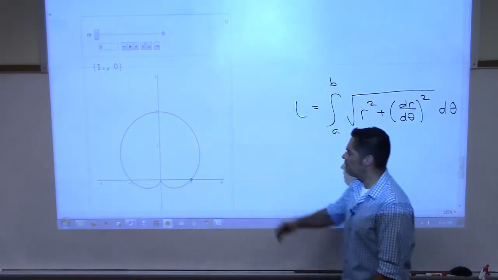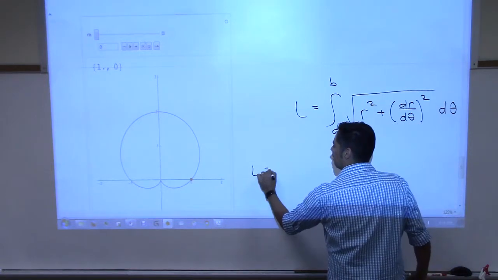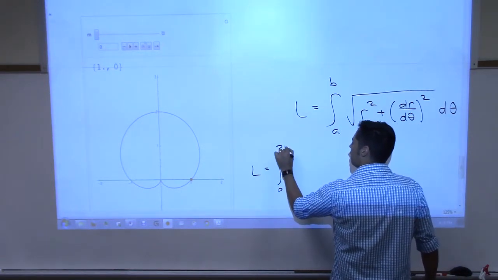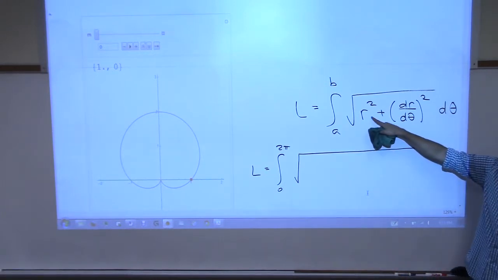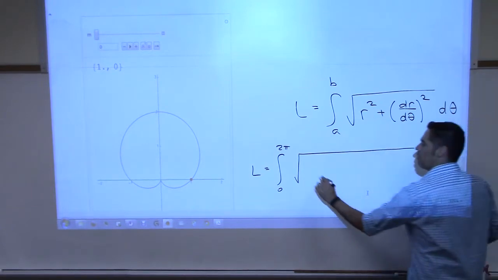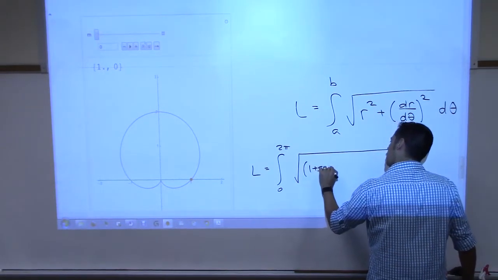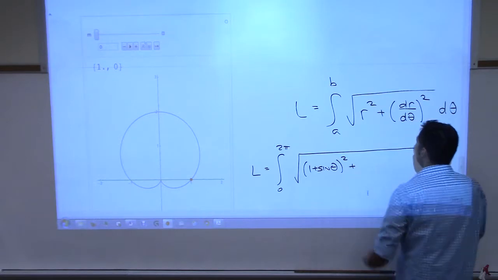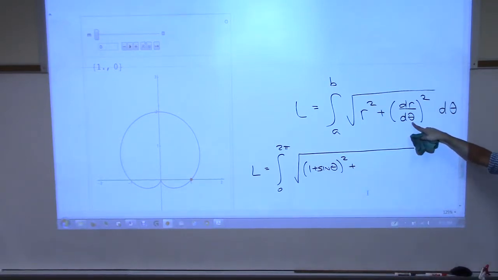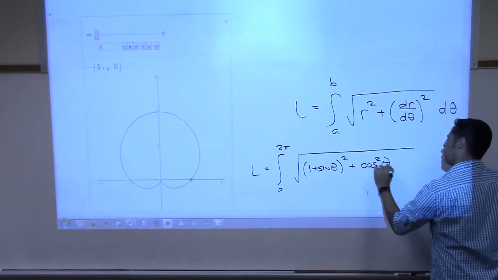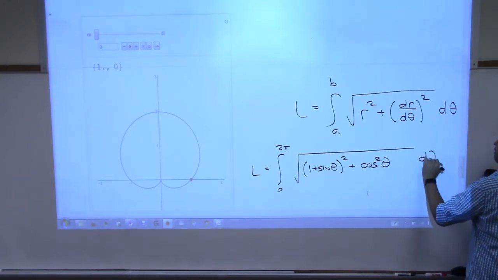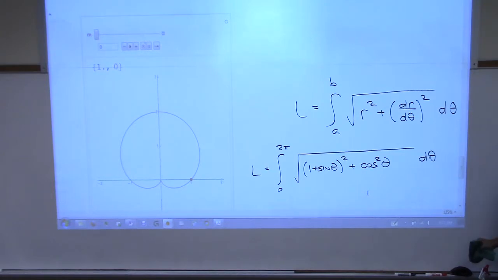So if I want to know the length of that cardioid, I would do the integral from 0 to 2 pi, square root, and then I have to take the function squared. The function here is 1 plus sine theta. So I've got to go 1 plus sine theta here, square it, plus now I have to square the derivative. The derivative of it is cosine theta, squared, and then d theta.